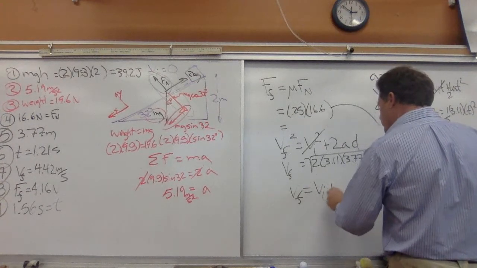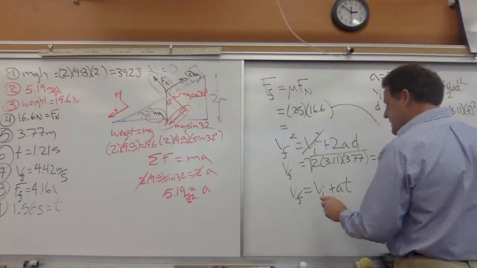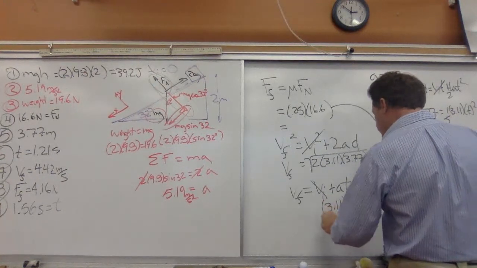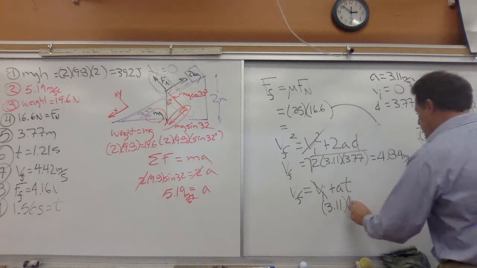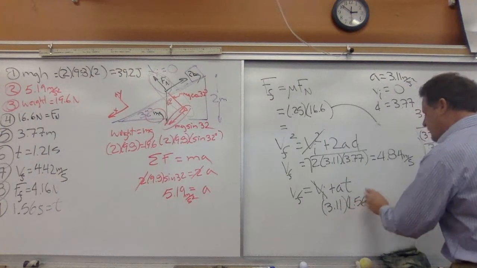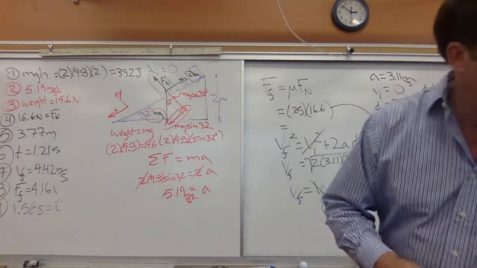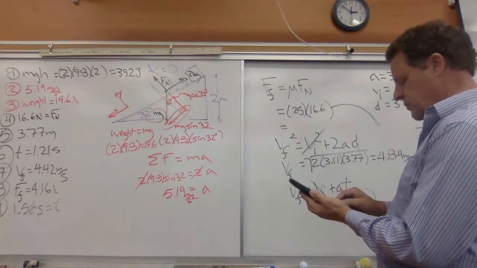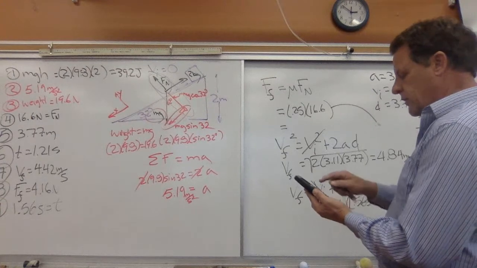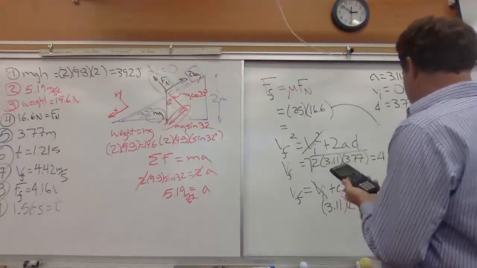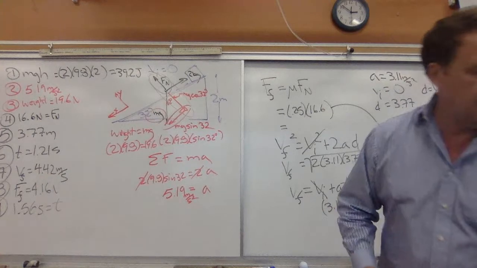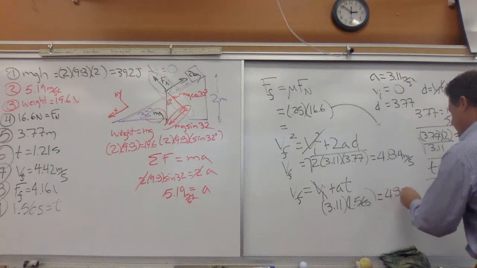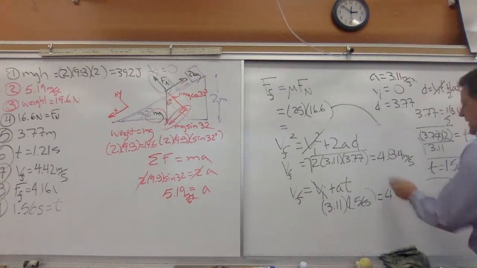Now we could also do another equation. v final is equal to v initial plus a t. This would be 0. Our acceleration is 3.11, and our time was 1.56 seconds. And 3.11 times 1.56 gives us 4.85 meters per second.